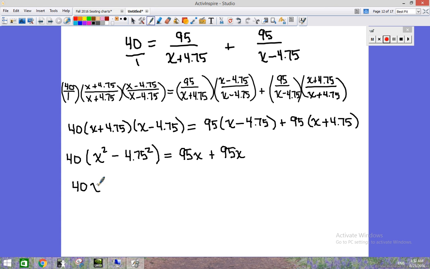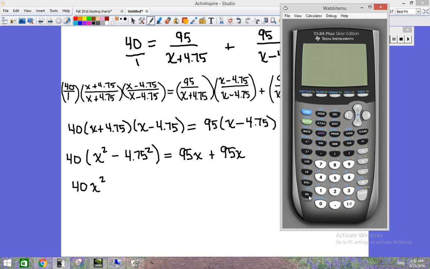So let's take a look. We've got 40x squared, and normally I look for ways to make these numbers smaller just to make the arithmetic easier, but since I have a calculator here, I'm not even going to bother to try and do that.